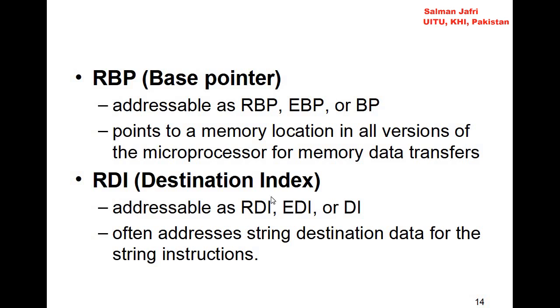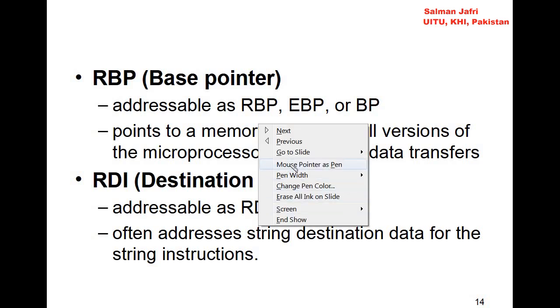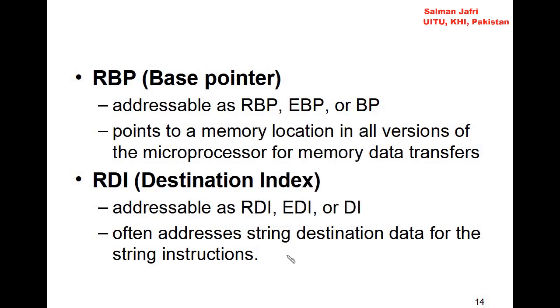Then again RDI, destination index, and again this point needs no introduction. It often addresses string destination data for the string instructions. Remember I told you that DI has a combination with the ES.